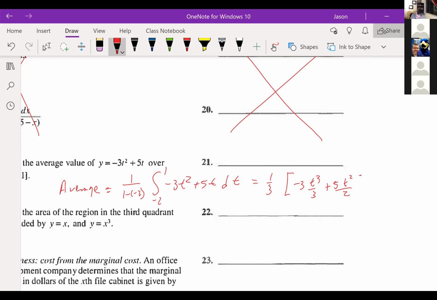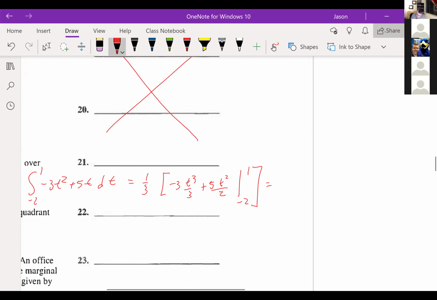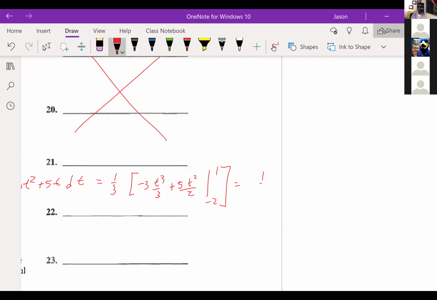Okay, and we're going to evaluate this from negative 2 to 1. So what's that going to be equal to? This is 1/3. Plug in 1. These 3's are going to cancel, by the way.